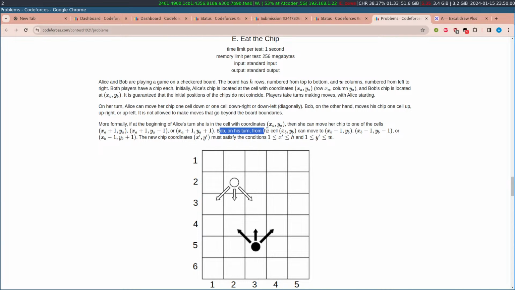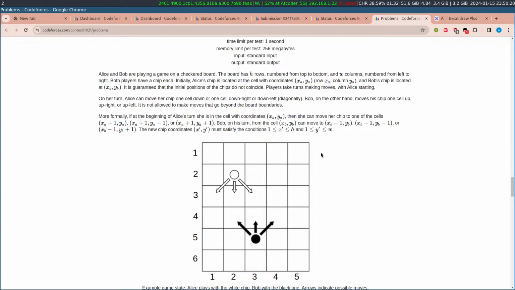Bob, on his turn, from the cell XB, YB can move to cell XB minus 1 comma YB, XB minus 1 comma YB minus 1, or XB minus 1 comma YB plus 1. Then the new chip coordinates X dash and Y dash should also be in the given range on the board, so you do not move out of the board.